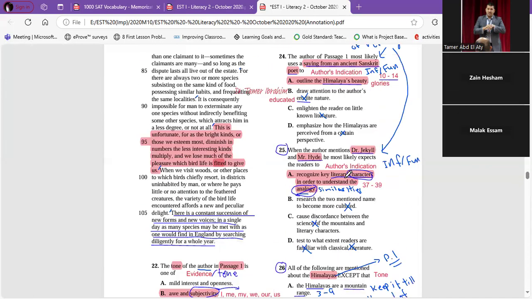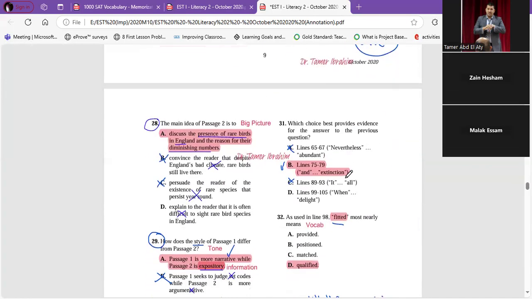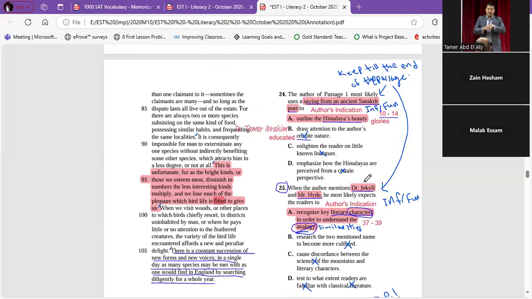So it can be. Let's look at C. From 89 till 93. Take a sense before. For there are always two or more species subsisting on the same kind of food, possessing similar habits, and frequenting the same localities.